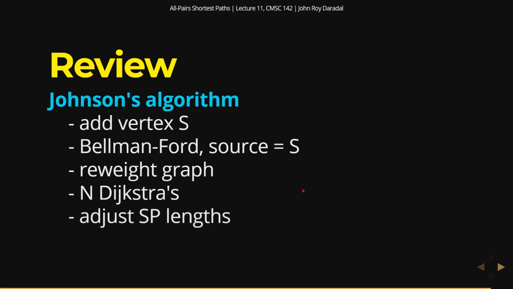And then you'll have to readjust the shortest path lengths because the current lengths are for the reweighted graph. So readjust them, countering what you added and subtracted earlier in the reweighting, back to their original lengths. After you do that, you get the APSP solution.